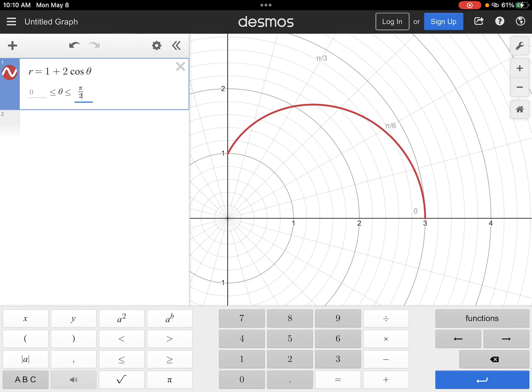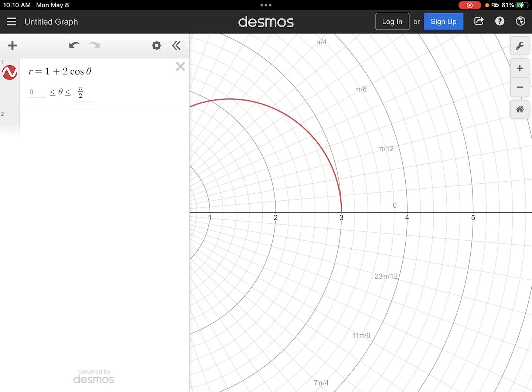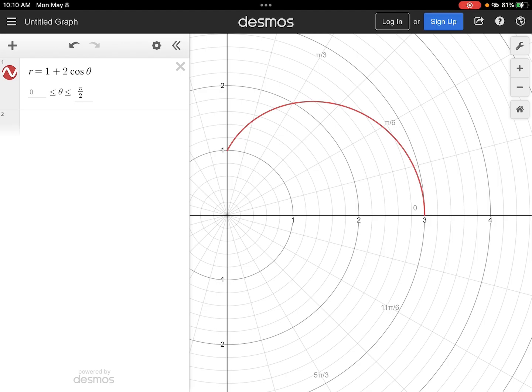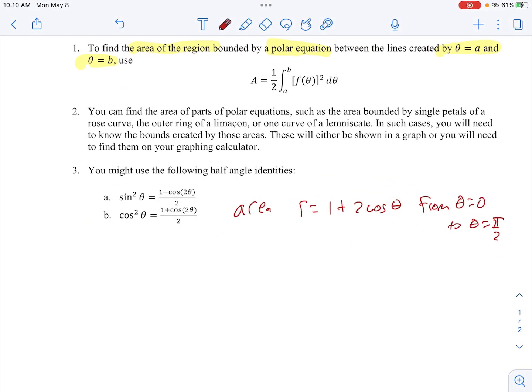So going back to the pole, the origin, we're going to find all of the shaded area that goes from the origin out to that curve. Okay, so here we go. The formula is 1/2 of the integral from the lower bound to the upper bound of the function squared, d theta.